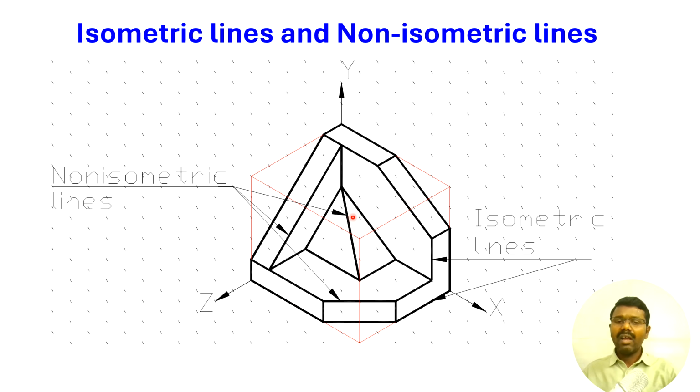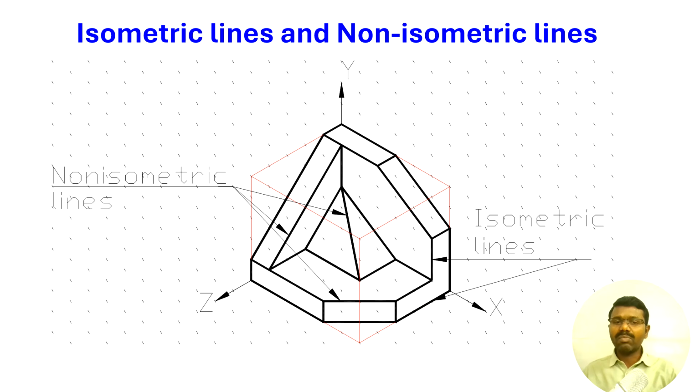So this skew surface is also bounded by non-isometric lines, and it will be visible in all three different views. So based on how the surface is visible, whether in the front view or top view only, or in all three views, we can distinguish what type of surface it is.